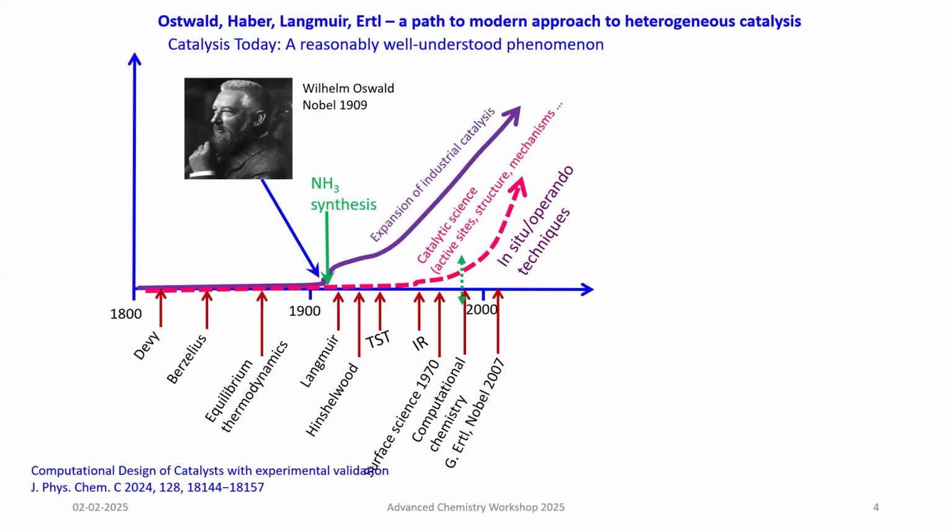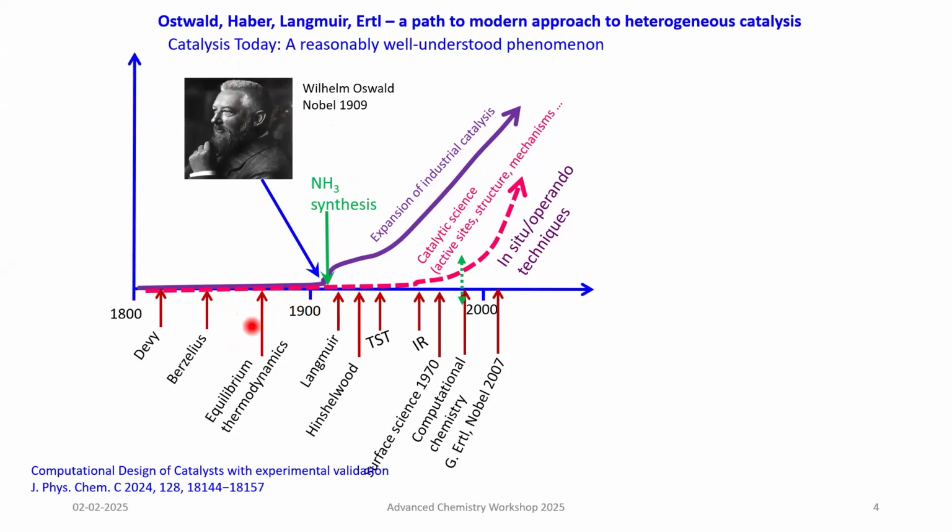So, if you see here, this is a timeline. This is Wilhelm Ostwald, Nobel Prize in 1909. From 1800 to 1900, this 19th century, you see here, not much activity is there.